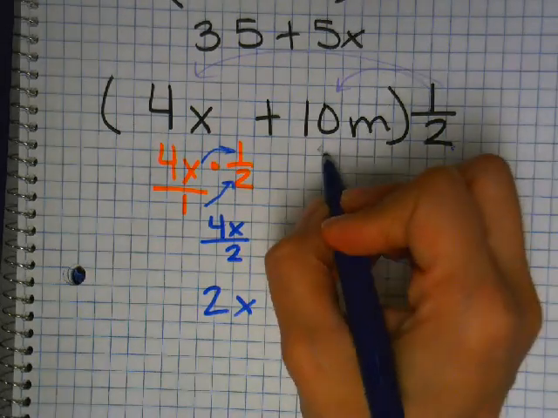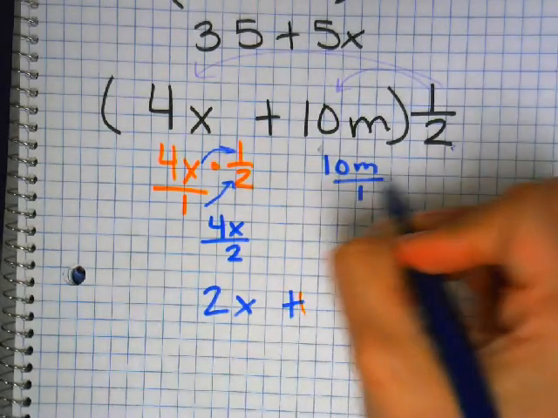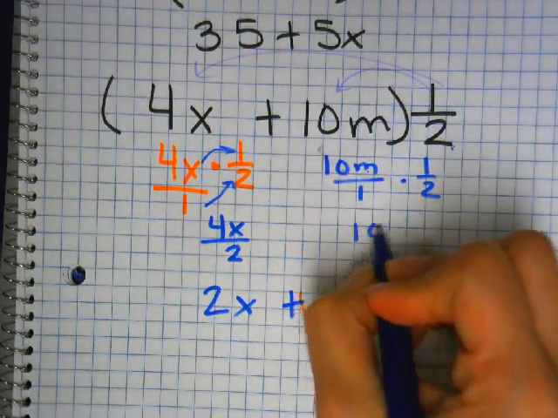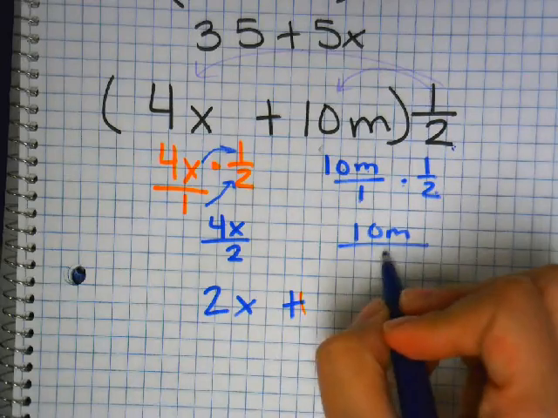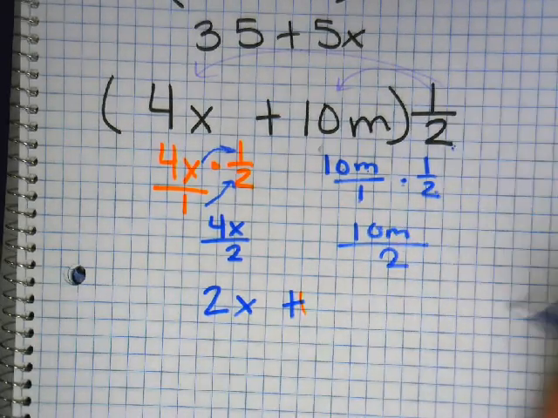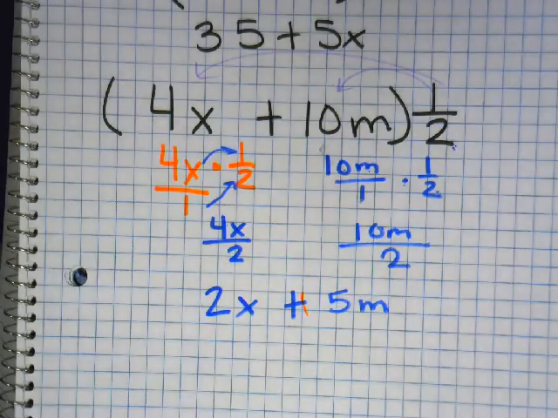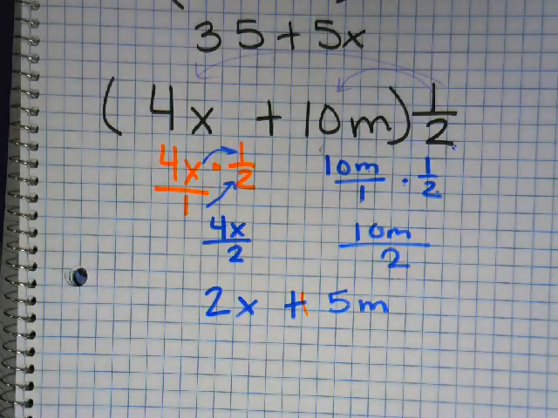So here's the long way of doing it, but it's the math way. 10m times 1 is 10m over 1 times 2, which is just 2. What's 10 divided by 2? 5m. So the way to look at it is you're just going to divide by the denominator, if your numerator is 1.